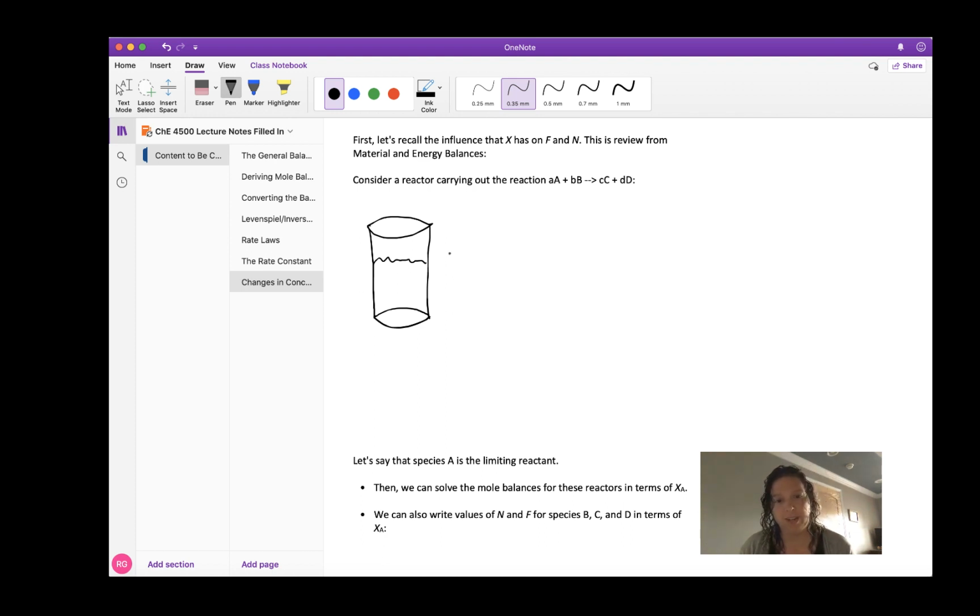And in this container, we have A, B, C, and D. We'll say at time equals 0, NA equals NA0, NB equals NB0, NC equals NC0, and ND equals ND0. And at time equals t, we allow the reaction to proceed.